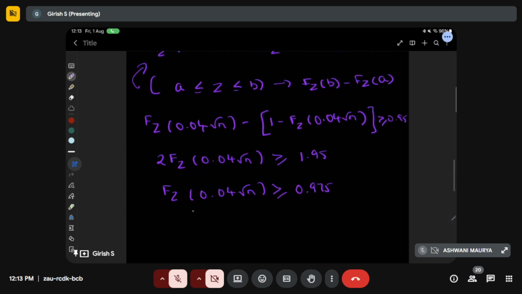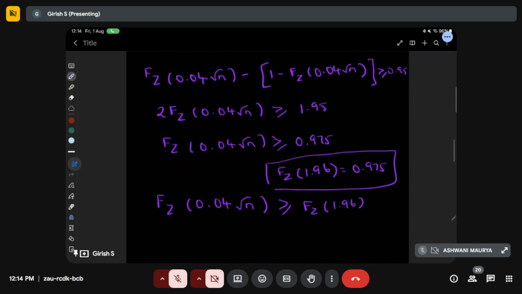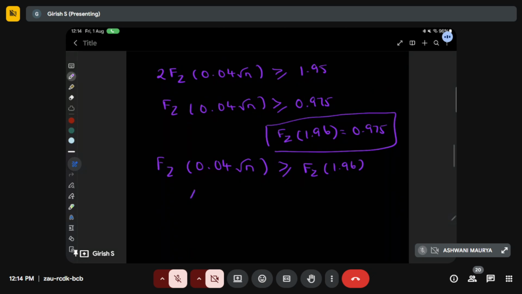In the question they will give you some values of this. As far as this question is concerned, they will mention the value, or you can calculate it from the Z table. So this one is basically 0.04 root n greater than or equal to 1.96, and this is nothing but 4 root n by 100 greater than or equal to 1.96.